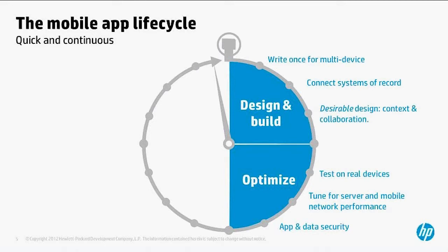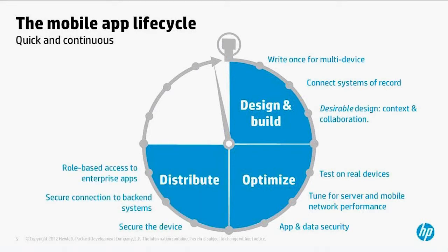And that performance is focused on the native app itself, the server associated with that app, as well as the carrier that particular app might be communicating over. As well, we need to make sure that it's secure. That's more and more important and always will be important from a security perspective.